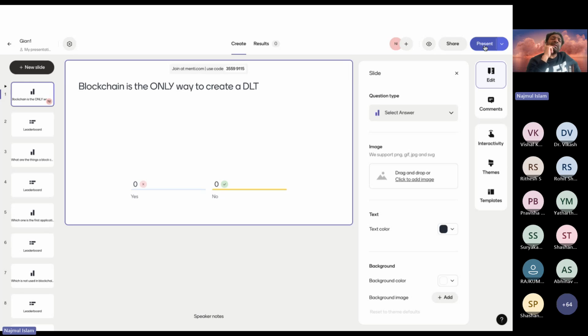By the way, in the previous question, I think the right answer would be all the above, because the block contains the data, signature, hash of the previous block, and timestamp. So here, which one is the first application on blockchain? Bitcoin, Ethereum, or Ripple?